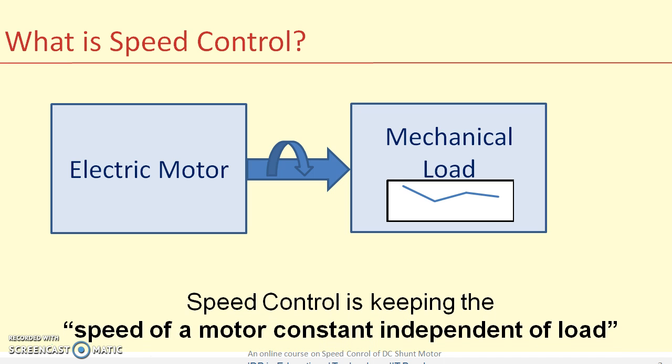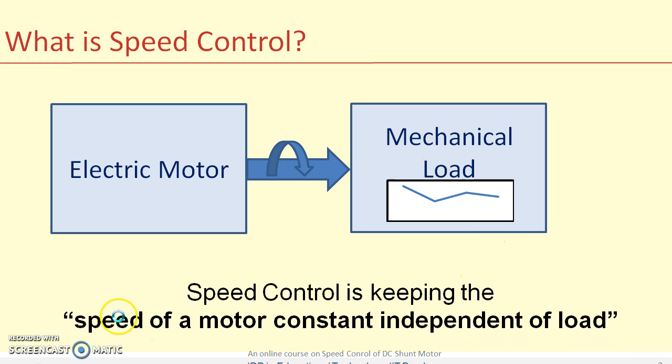Speed control is keeping the speed of a motor constant, independent of the load, irrespective of the load. Whatever may be the change in load with respect to time, the speed of a given electric motor should be kept constant at the required speed. That is called speed control.